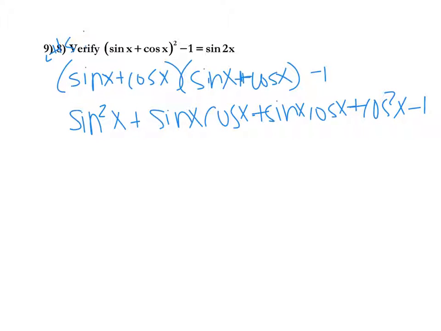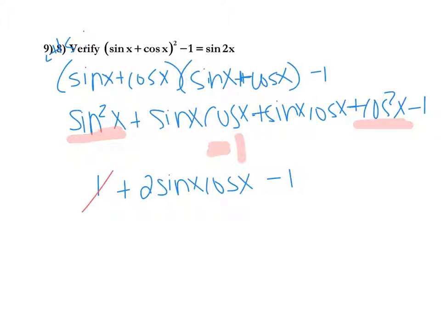Hopefully we recognize that there's a Pythagorean identity in here. Sine squared plus cosine squared equals 1. So now we have 1 plus 2 sine x cosine x minus 1.